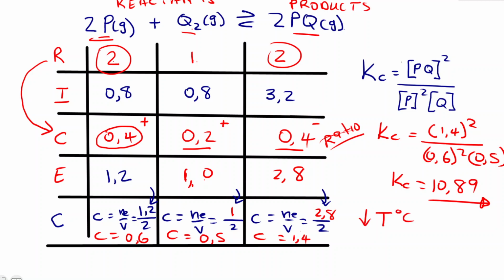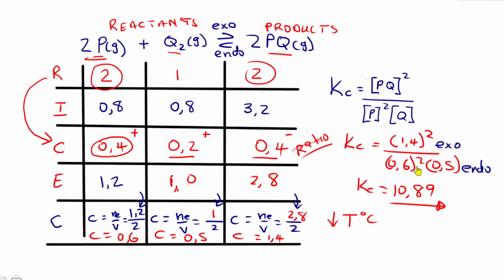Okay, in order for you to do this, you have to go back to, remember we said this reaction is exothermic. In other words, the forward reaction is exothermic, the reverse reaction is endothermic. So the products are exothermic, the reactants are endothermic.